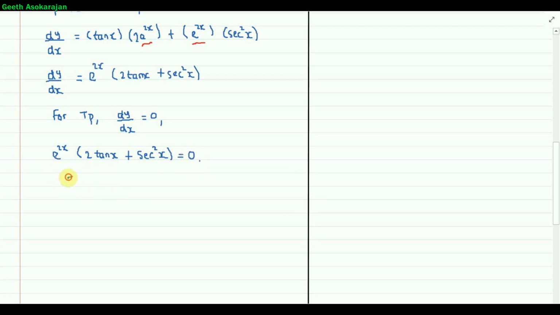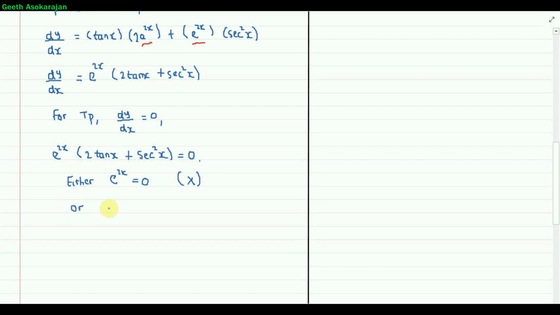So in this case, either e to the 2x is 0, and this equation is meaningless. I'm going to indicate that with a cross, meaning that it's meaningless.